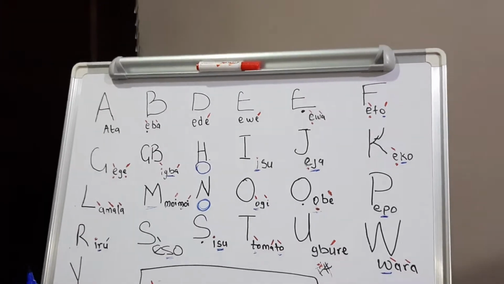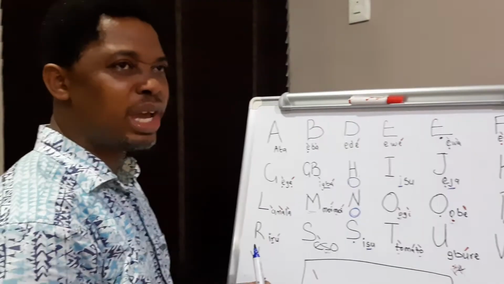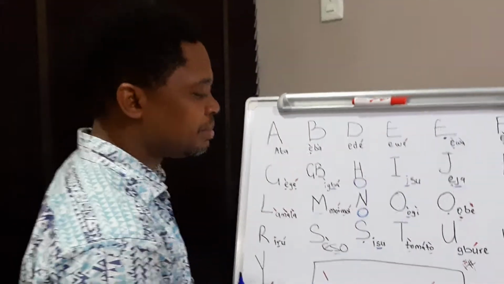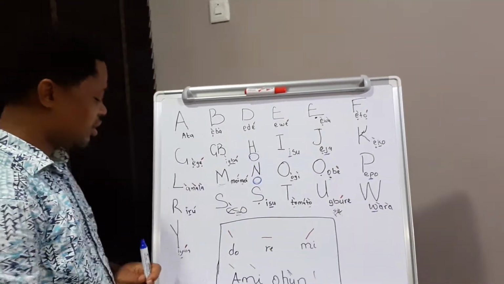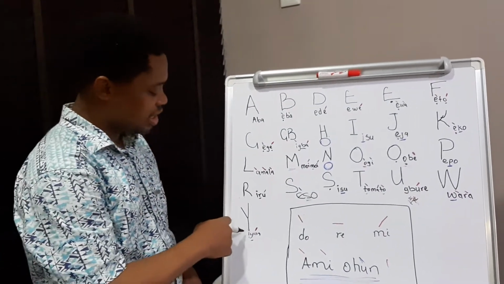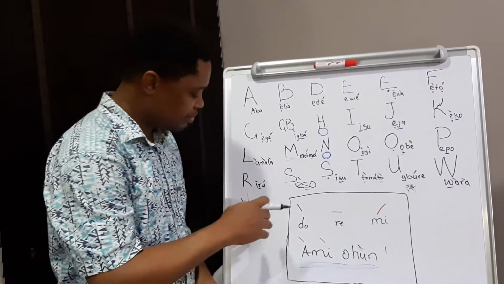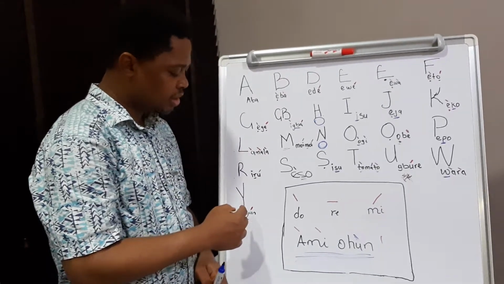Bure, mi, re, bure. Wàrà, do. Wàrà, do. Iyán, re, mi. On the I, there's no sound.